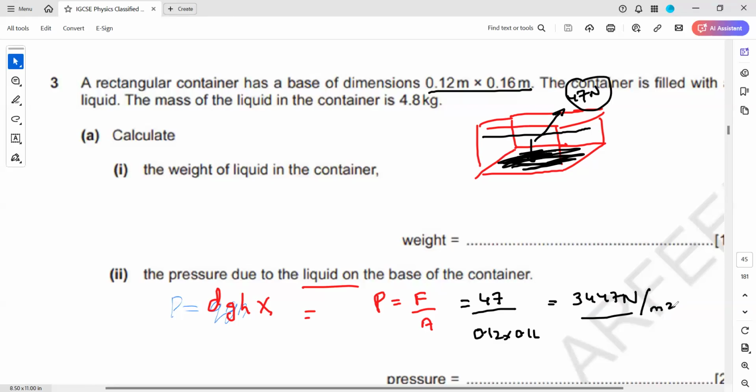Yes. Sir, I'm getting 2,447. What about others? Sir, I'm getting 2450. Sir, 2,447. Okay, 2,447.